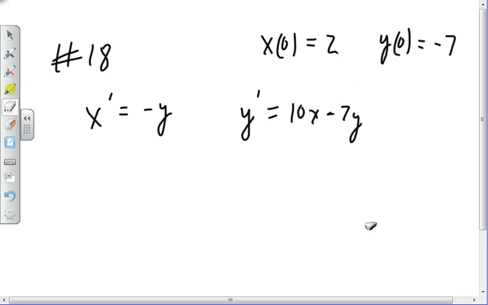Okay, so put the minus sign on the other side.